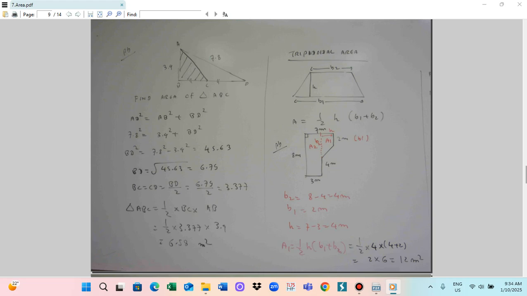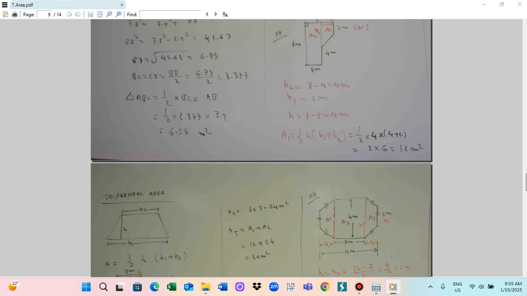H is 4, half multiply 4, and B1 plus B2 is 2 plus 4, so 2 multiplied by 6. So A1 is 12 meter square.